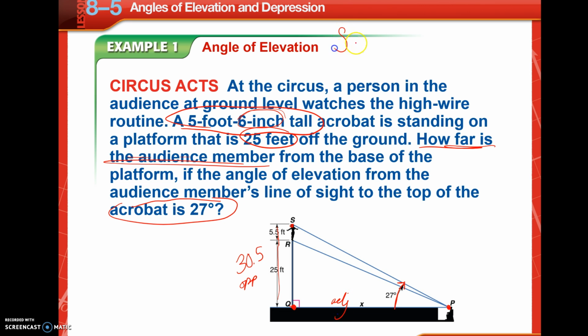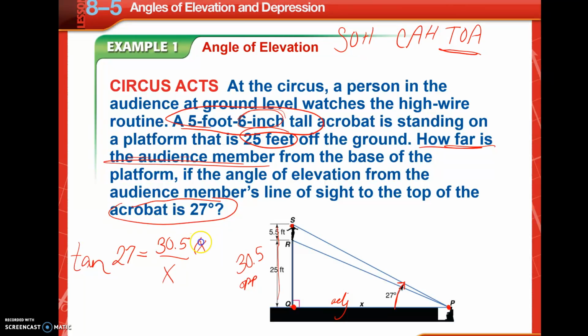So opposite and adjacent go with tangent. I'm going to set up my equation: tangent of your angle, 27, equals a ratio, and that ratio is opposite over adjacent, so 30.5 over x, and we don't know what x is. So this equals a decimal that could be written as a ratio, and we want to know what x would be to make that ratio the same. So we multiply both sides by x.